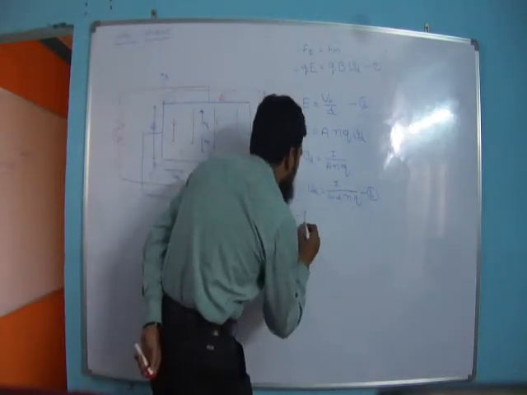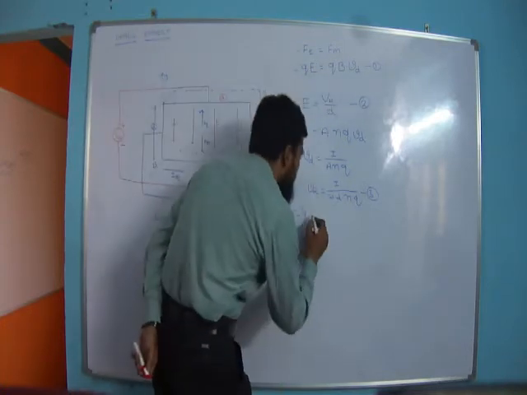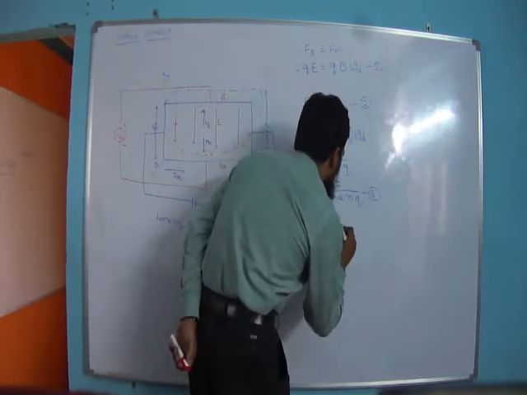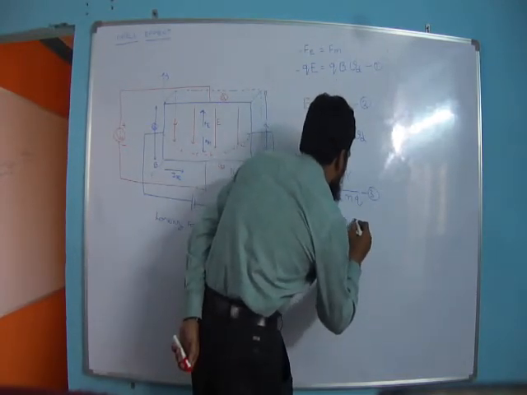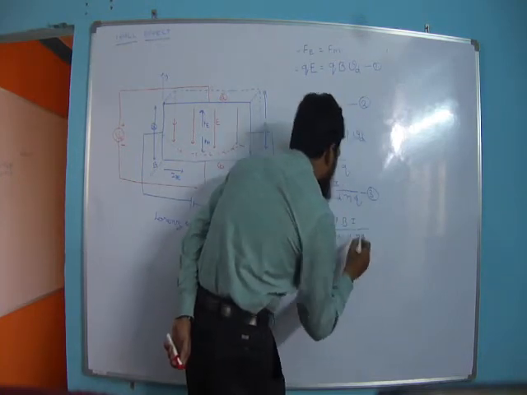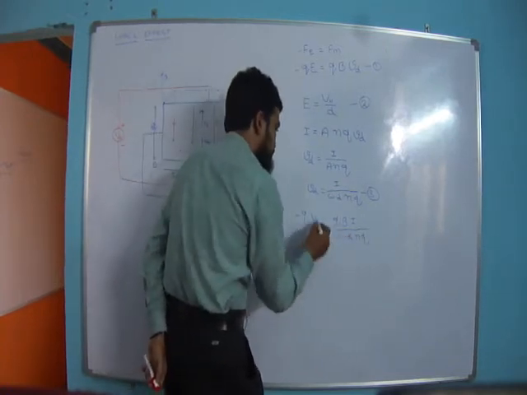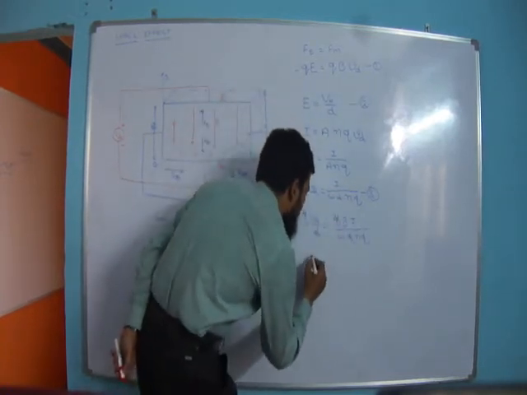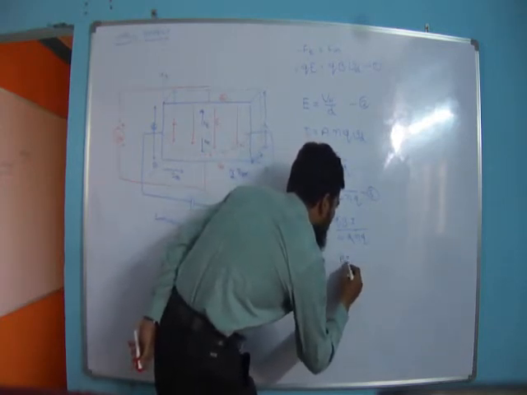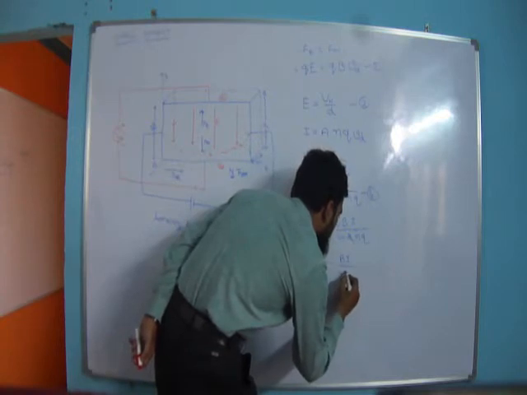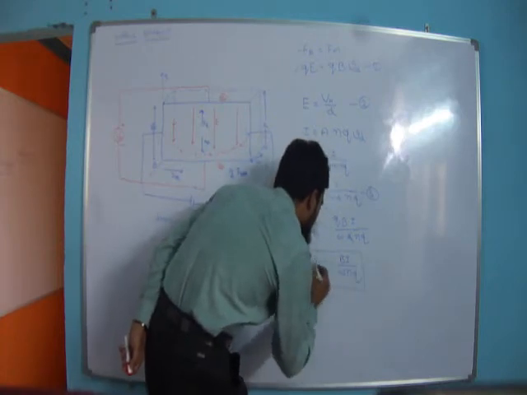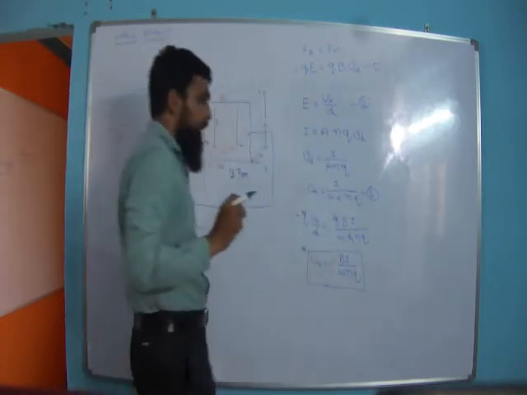By substituting, in place of E, we write VH by D is equal to Q B into I by W D N Q. And after some cancellations, VH we can write as minus B I by W N Q. So this is one of the important expressions that we can remember.